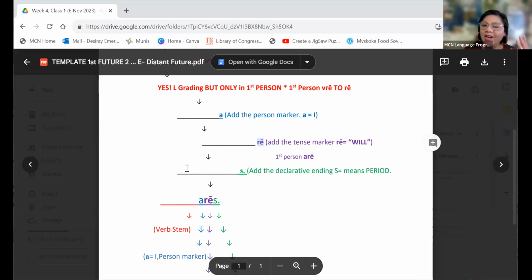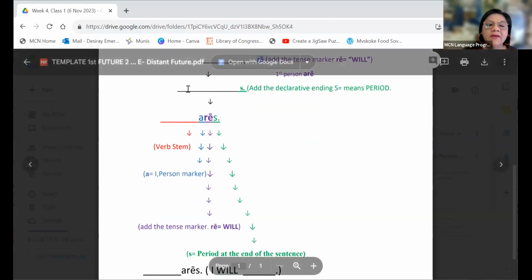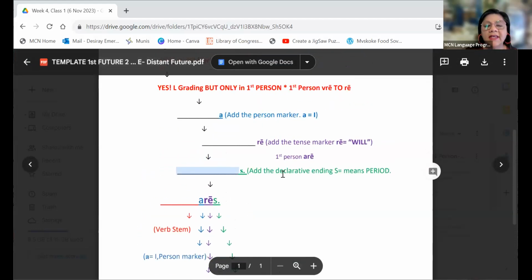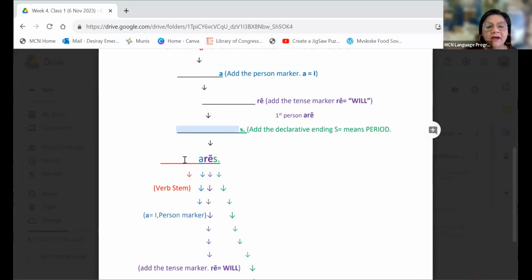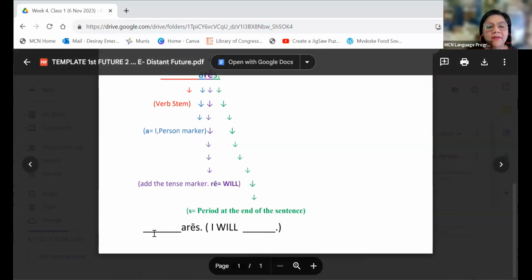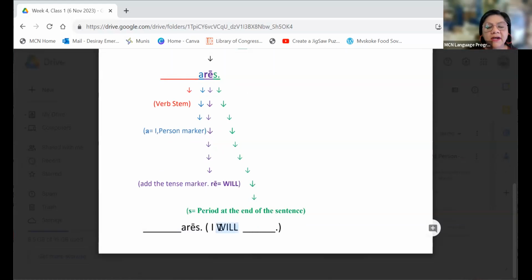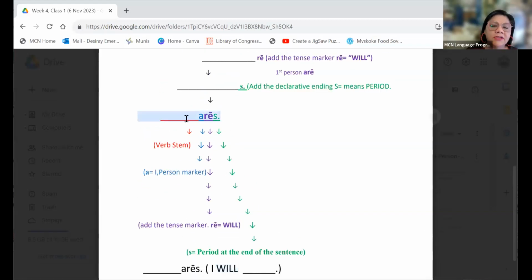And remember, I've got some examples a little bit better on second and third person. Right here, hojeja the, and then add the S, which means the period. Hojej off these. I will write. Verb stem, hojej. You've got your person marker.